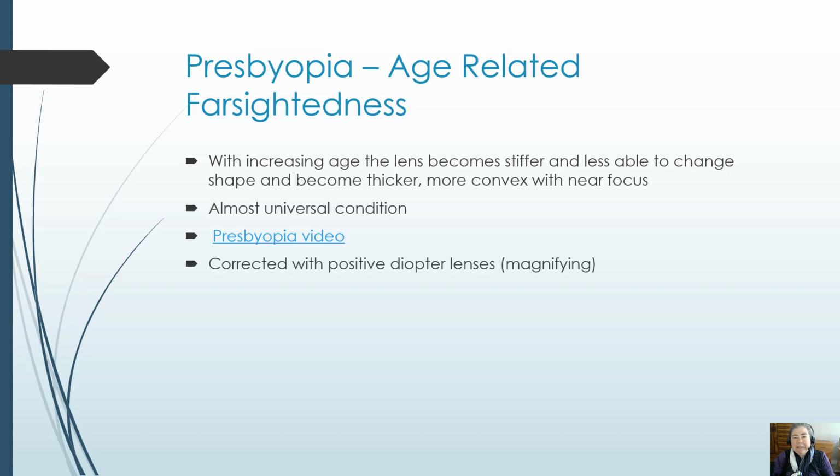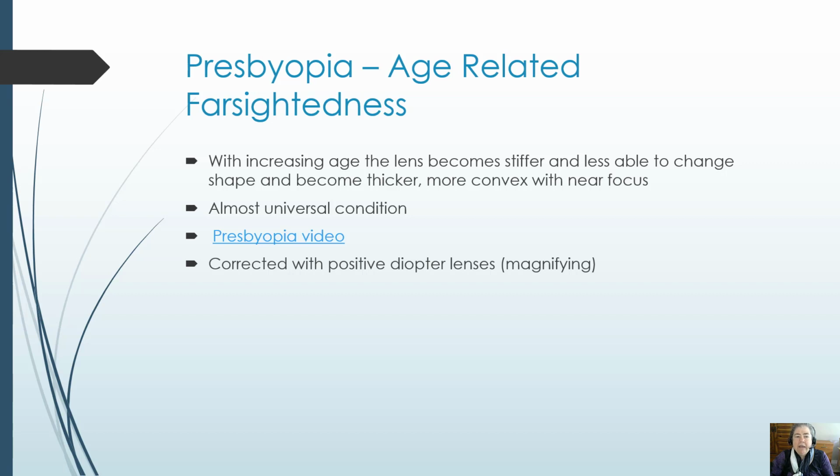And what happens is that when you focus on something close, instead of the lens relaxing into this more globular shape, it stays flatter, and it's much harder to focus on things that are nearby.